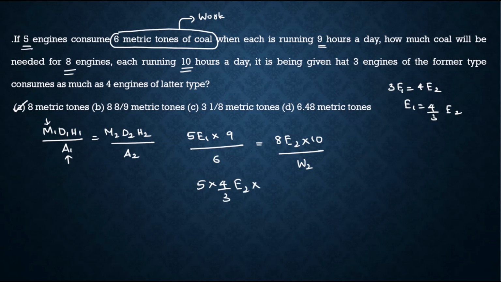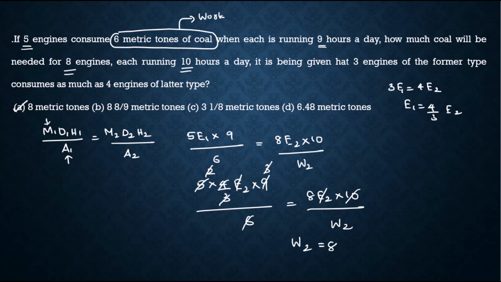So we can replace E1 by 5 into 4 by 3 E2 into 9 divided by 6 equal to 8E2 into 10 divided by W2. 5 into 4 is 20. 20 divided by 10, here you will get a 2. 3 and 9 cancel, here you will get a 3. 3 into 2, 6. 6 cancels. Therefore, E2 cancels. Therefore, W2 equal to 8.